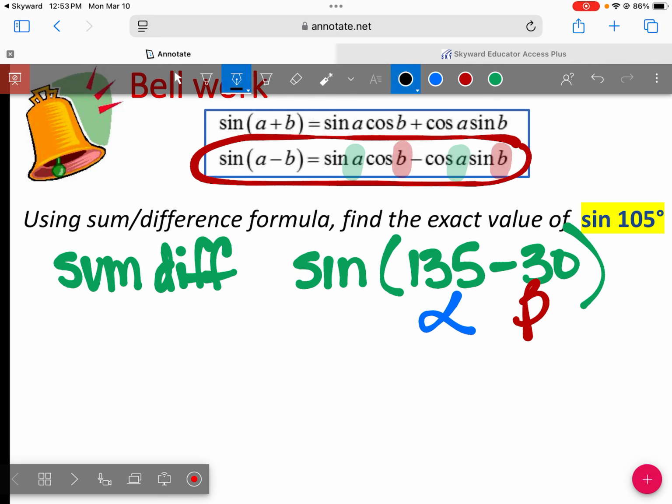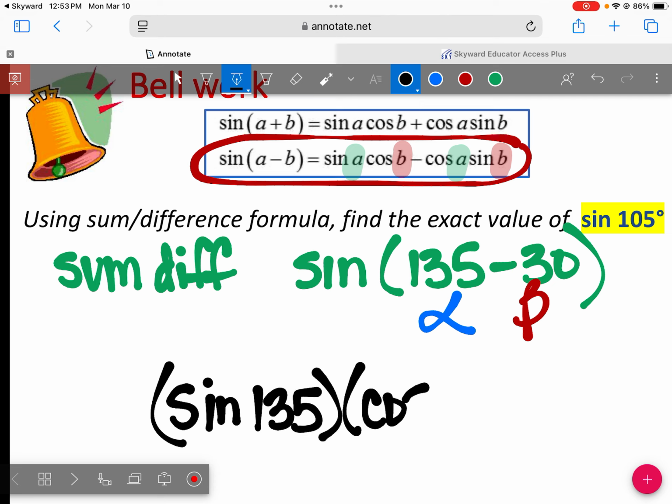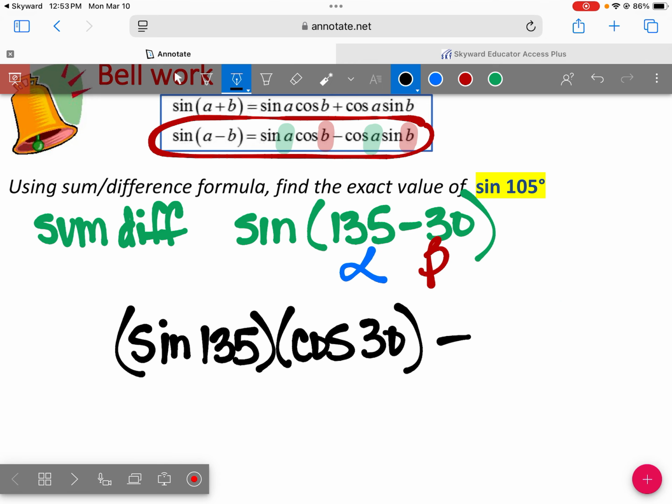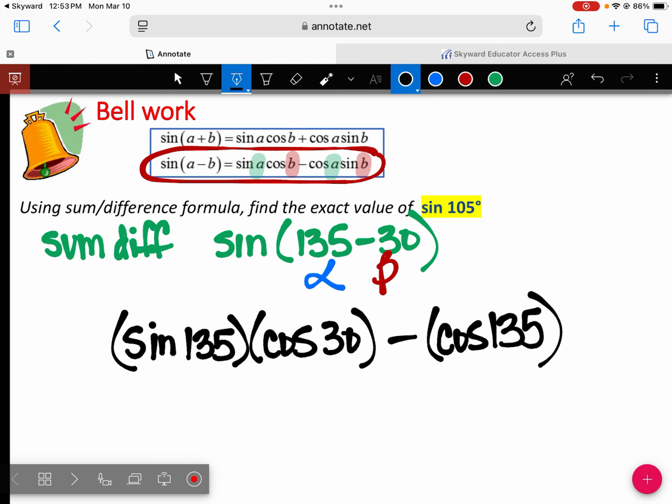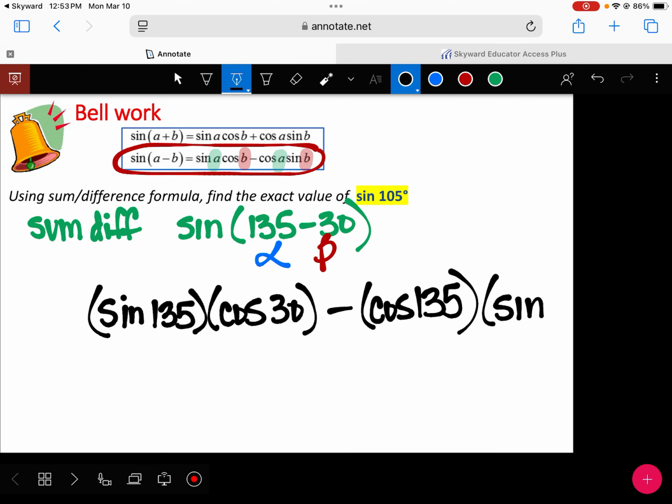So we'll have the sine of 135 times the cosine of 30 minus cosine 135 times the sine of 30.